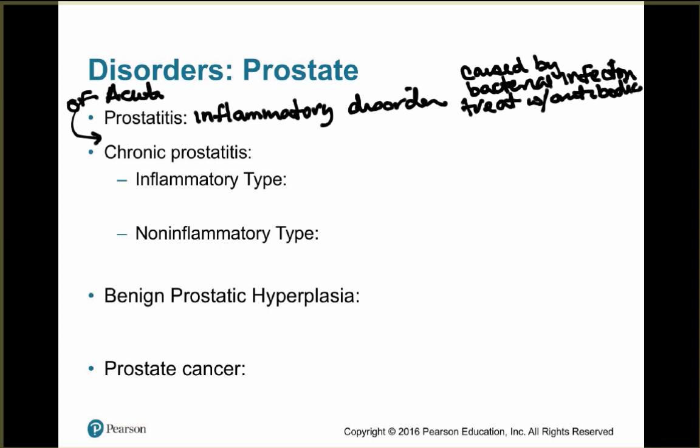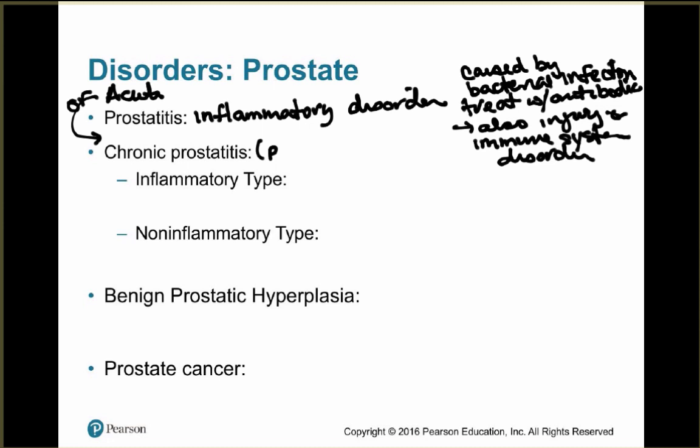Now, it's not just from bacterial infections. It can also be caused from injury, or if you have some kind of problem with an immune system disorder. So it's not just if you have a bacterial infection, it's just that that's one of the common parts. Now, acute prostatitis is something that's going to be limited and you can get over it pretty soon. If you have this issue that remains in your life constantly, it goes into chronic prostatitis.